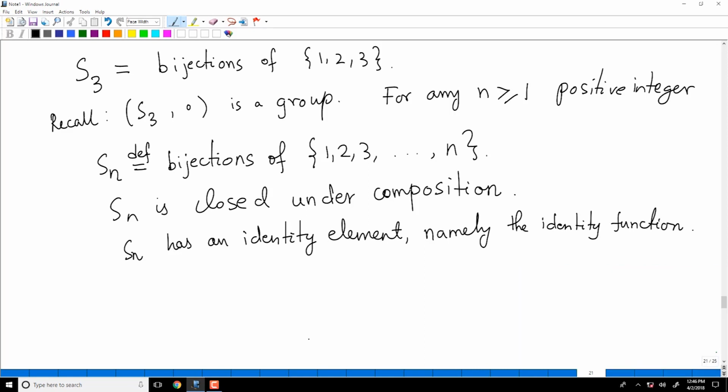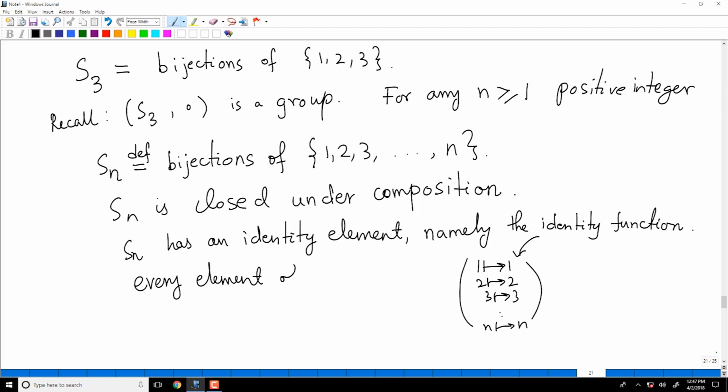Remember, this is the function which sends 1 to 1, 2 to 2, 3 to 3 and so on, n to n. It is the identity function, because when you compose any function with this function, you get that function back. Similarly, every element has an inverse. This requires a little bit of thinking, but we can prove this.